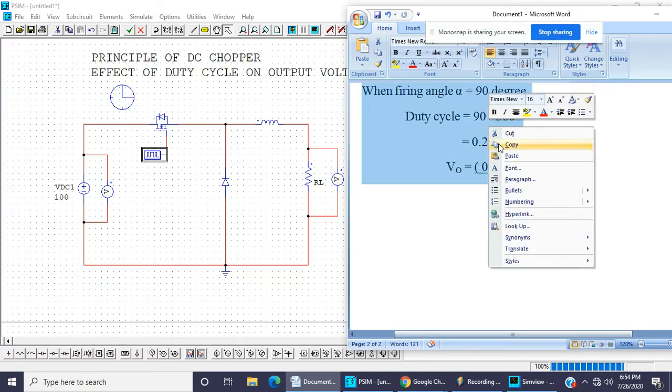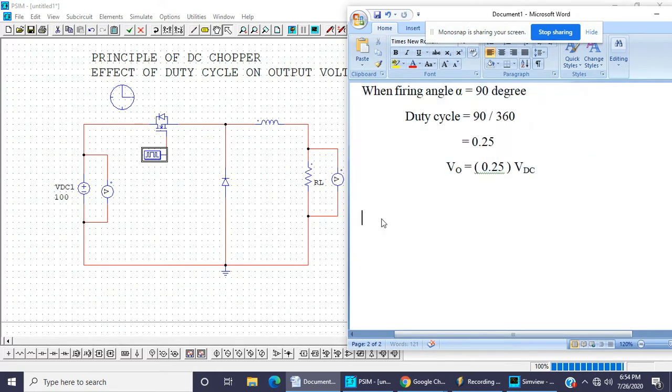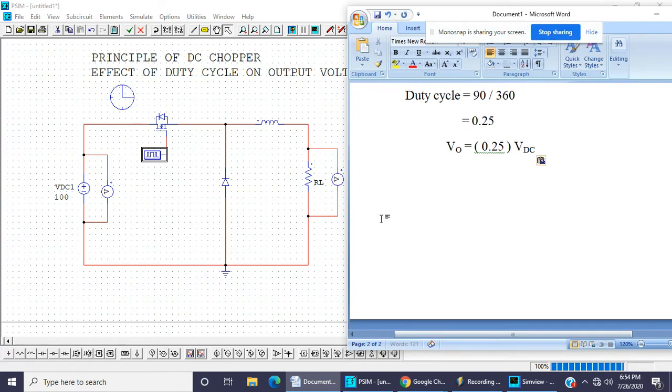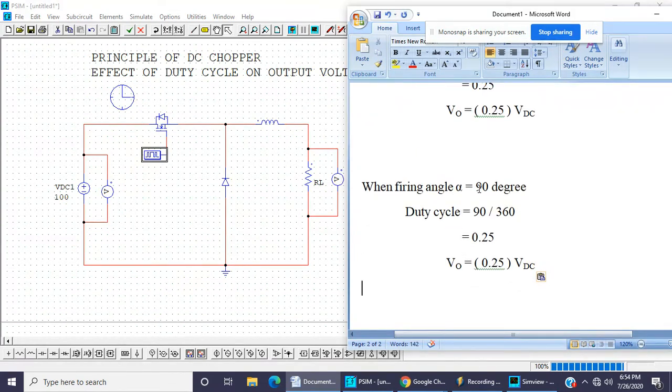Copy, and place this one. This one is 10. So 10 divided by 360. This one we have to calculate, that is 1 divided by 36.